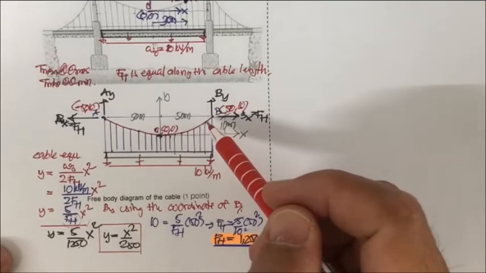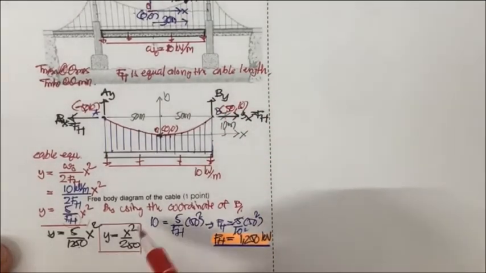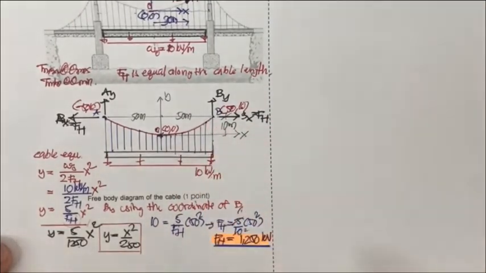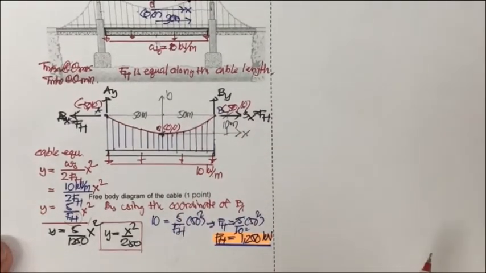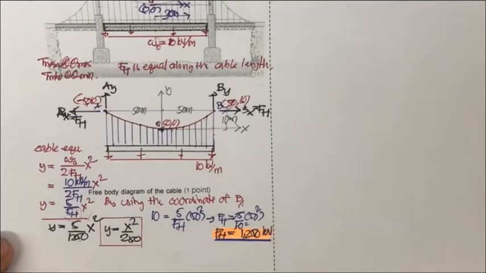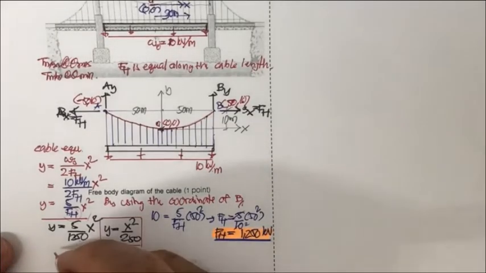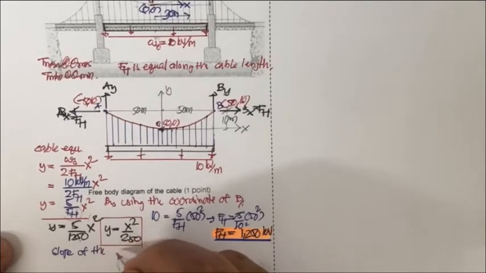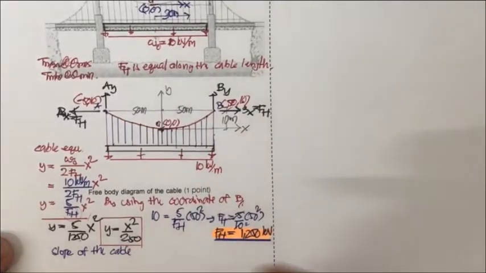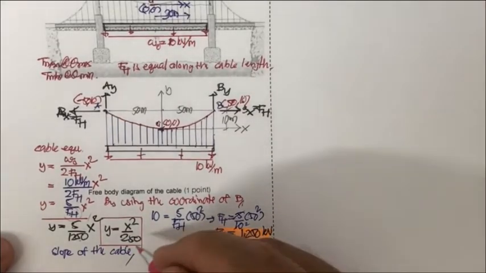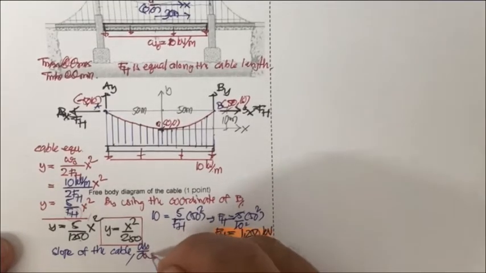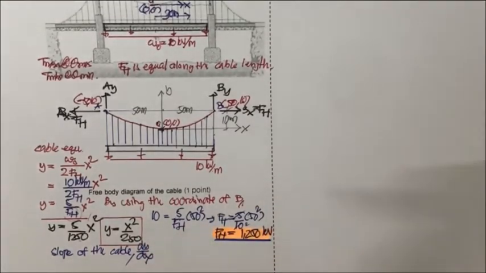So you get the cable equation that's going to explain the shape of the cable along the bridge. You also can use this equation to determine the length of the cable by integrating along the length, okay? And also by doing this, you may find the slope of the cable. Okay, the slope of the cable is in the form of what? dy by dx. And then you get what?